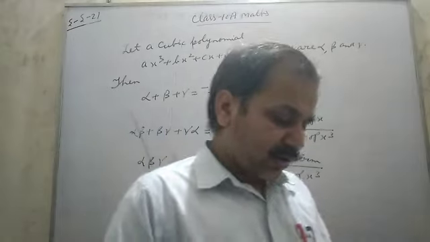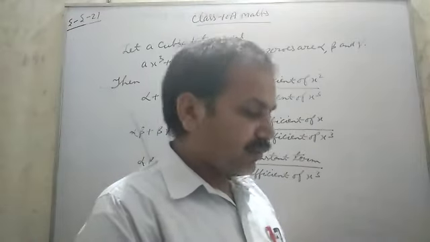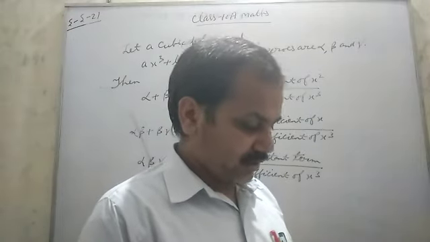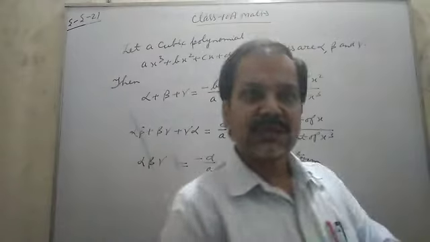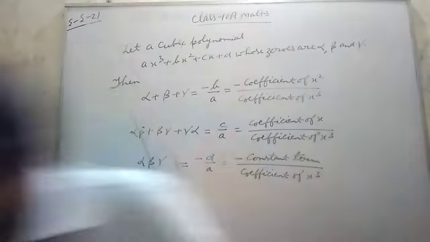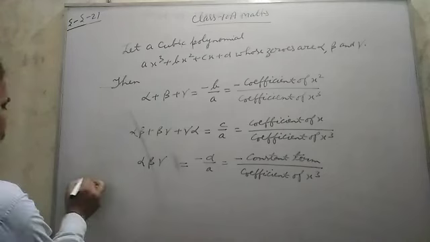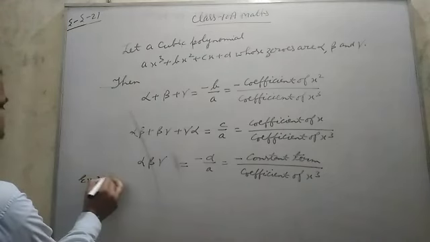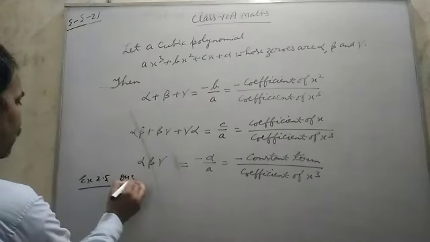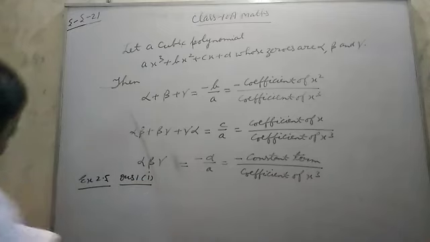Okay, so in exercise 2.4 there are total 5 questions. So one question you can do here, that first one you can do here. One I am telling you. Okay, so exercise 2.4 question 1, their first part.